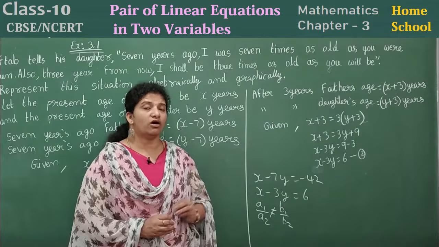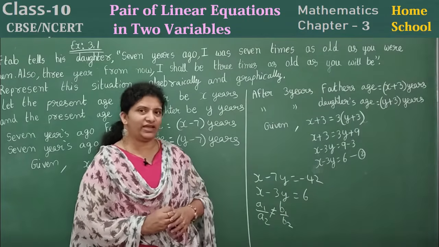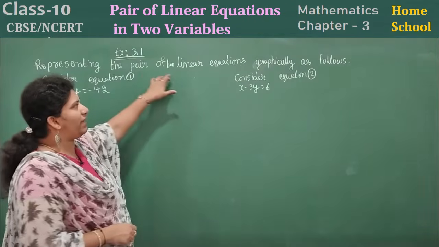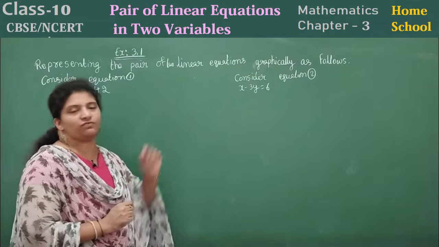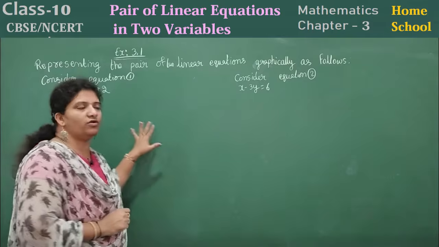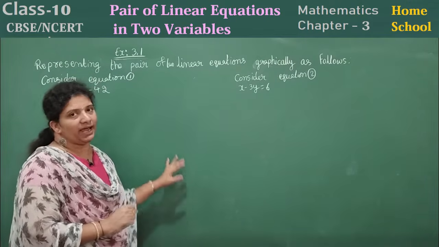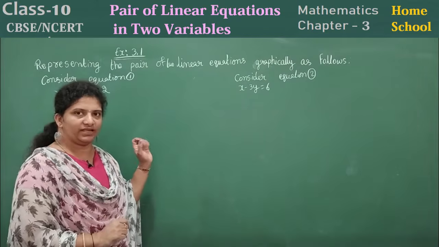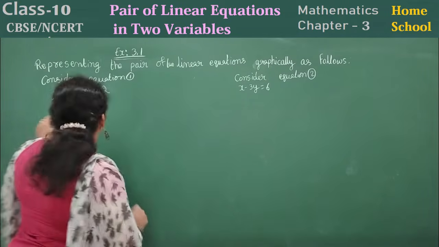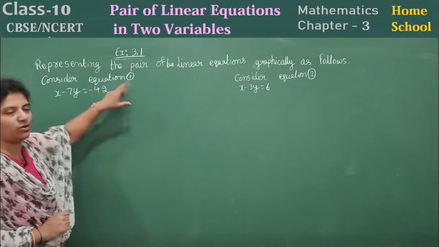Now we need to solve the same equations graphically. Representing the pair of two linear equations graphically is as follows. I will solve all the graphical part here, children, and I will show you in the graph itself how to draw this pair of linear equations in the graph. Consider equation 1.